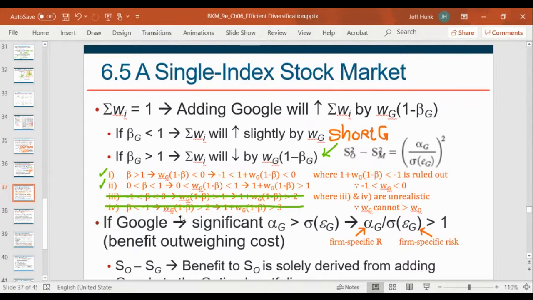If it is even less than -1, greater than 3, and these scenarios are unrealistic because the weight of Google cannot be greater than the weight of the entire optimal risky portfolio, right? So only two scenarios are plausible under those assumptions, basically.